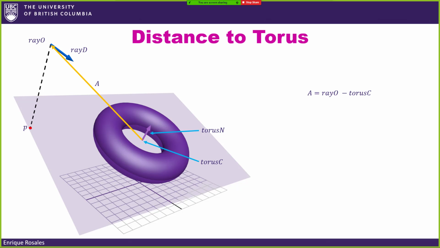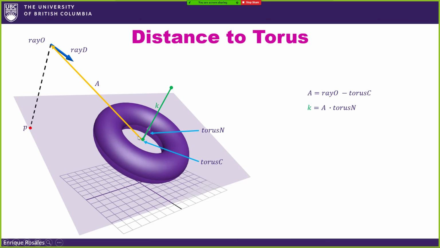Okay, so the first step to compute point P is to compute a vector that I'm calling vector A, which is the position of the ray minus the center of the torus. So it's this big vector right here. Then we need to compute this distance k.